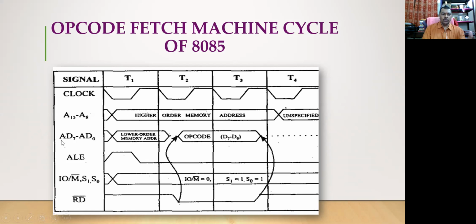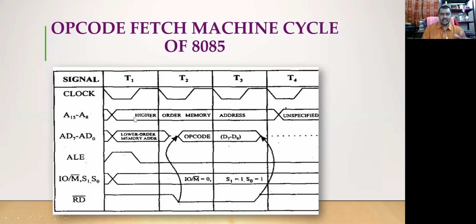Then AD0 to AD7 will also carry the address of the memory location where the opcode is written. In the T1 state this happens, and address latch enable will be high, which implies that the lower 8-bit lines will be used as address lines.